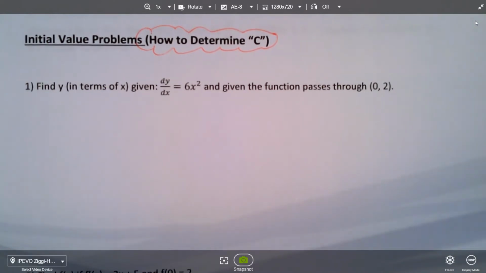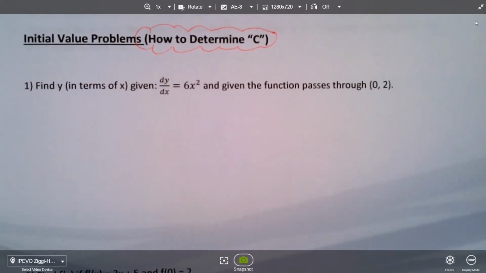That can be problematic if you're dealing with an actual application in which you need to find area under the curve, or something like our example of water going through the dam. We can't get accurate measurements unless we know where that curve is. So that plus C dictates whether it shifts up or down.